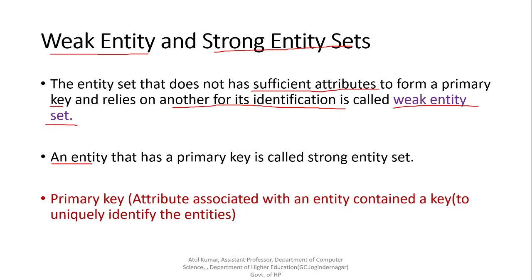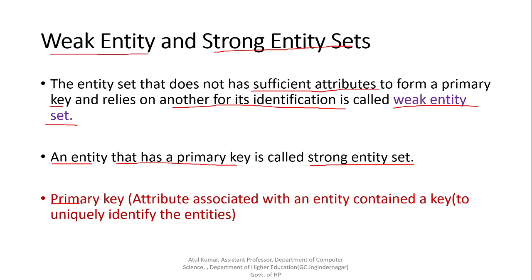The entity that has a primary key is called a strong entity. So there are two kinds of entities, one is the weak entity and the other is the strong entity, and the strong entity has a primary key that uniquely identifies a particular tuple or row in the entity set.